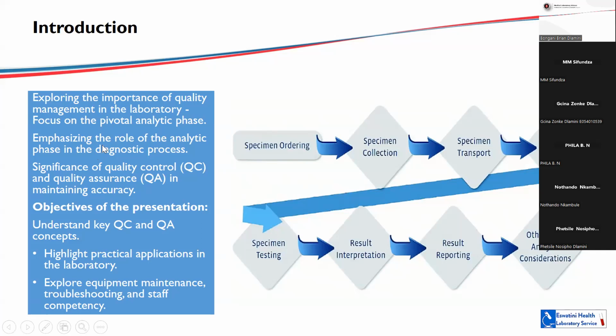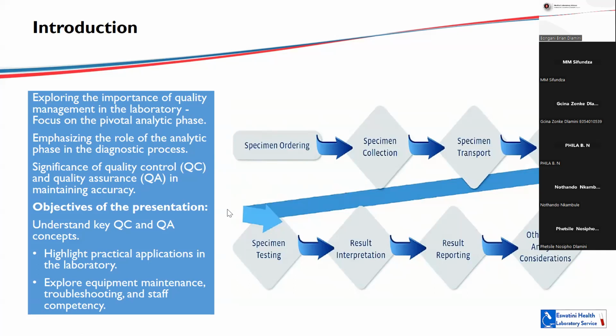So we really emphasize the role of the analytical phase in the diagnostic process, that it's very important, and the significance of quality control and quality assurance in maintaining accuracy is very important. So the main objective of this presentation today is just to understand the quality control and the quality assurance concept.